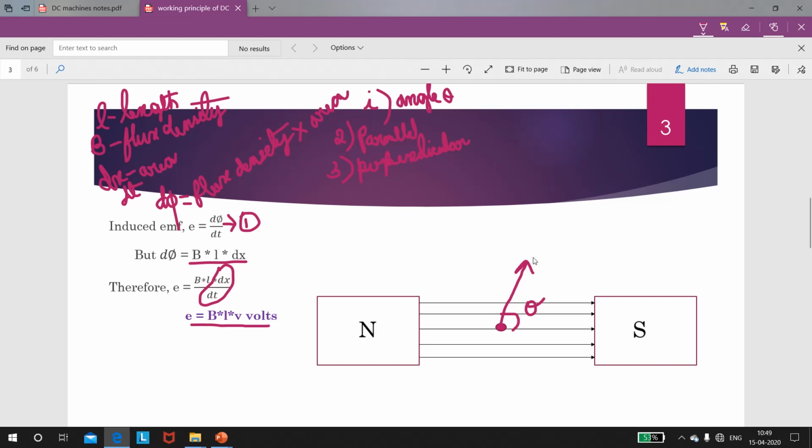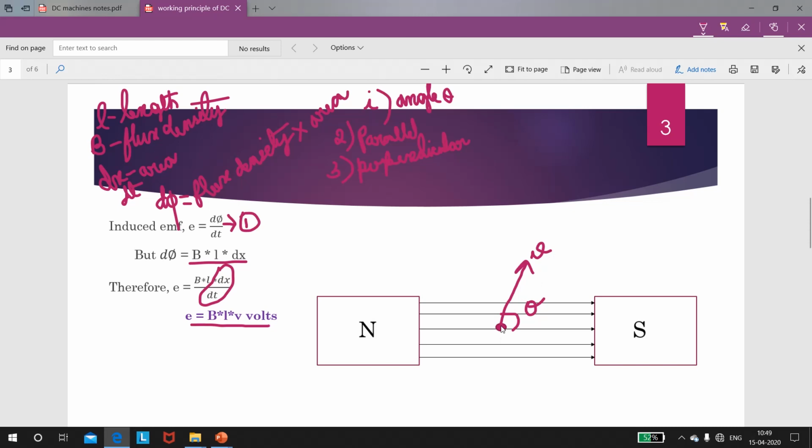So I can resolve this into two different components. One is the cos component, another one is the sine component. So this conductor is moving with a velocity v.